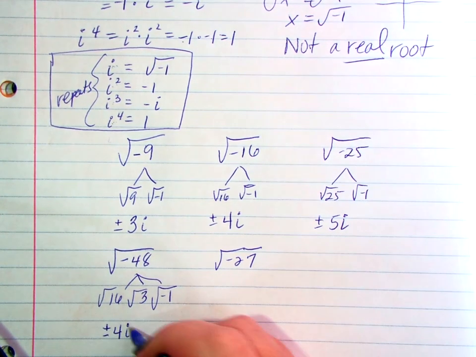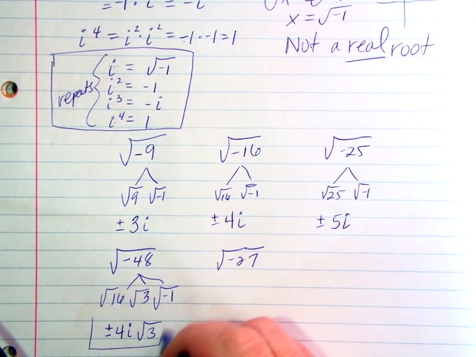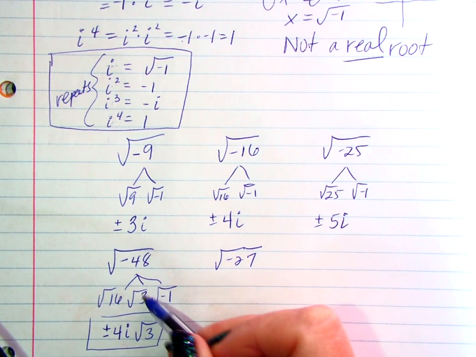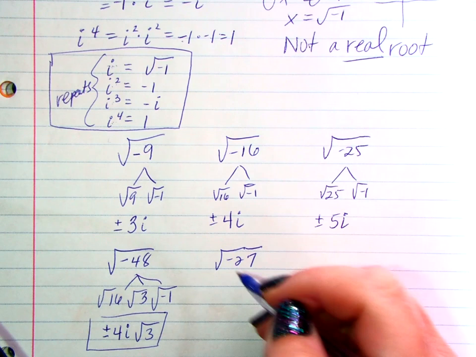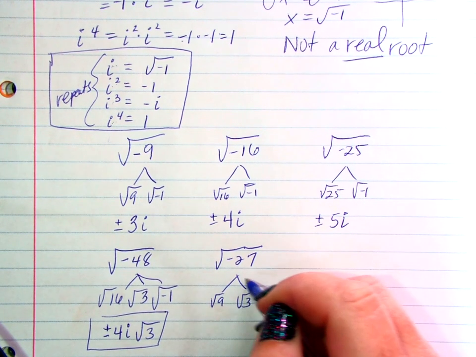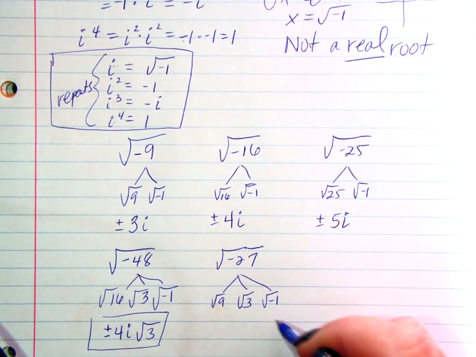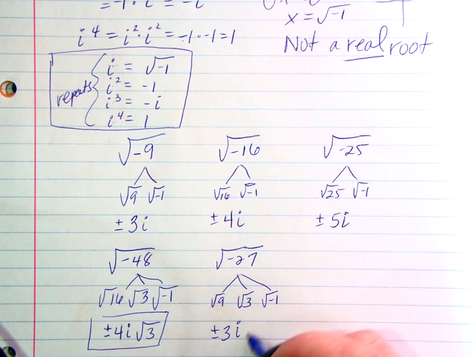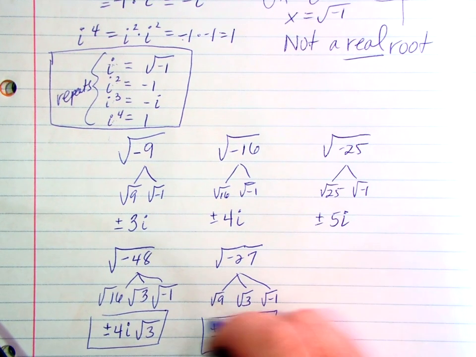Square root of -1 is I, and then we leave the root 3 underneath because there's nothing that we can take out of root 3. This one would break up into the square root of 9 times 3. Don't forget that there's now a -1. Square root of 9 is plus or minus 3. Square root of -1 is I, and then leave the root 3 underneath.